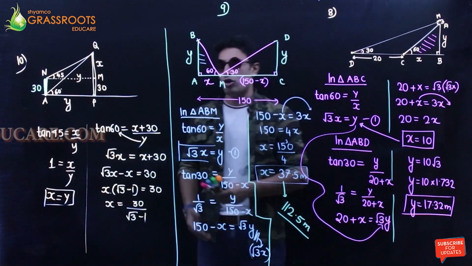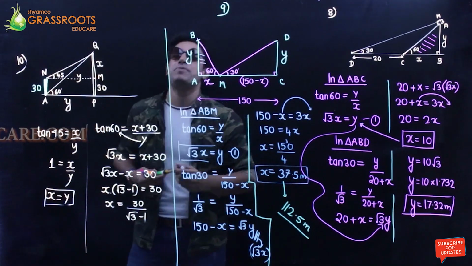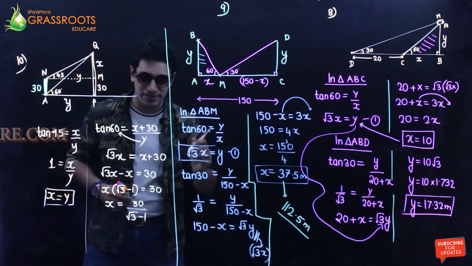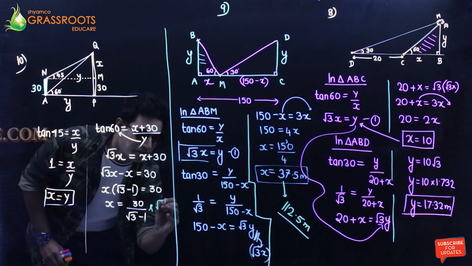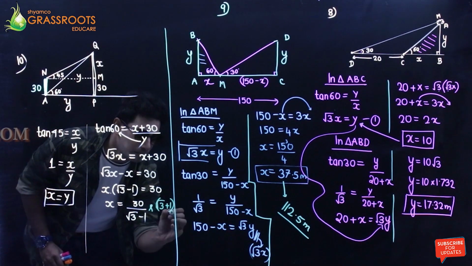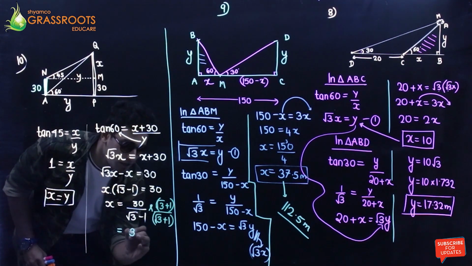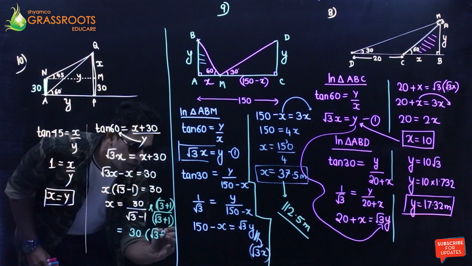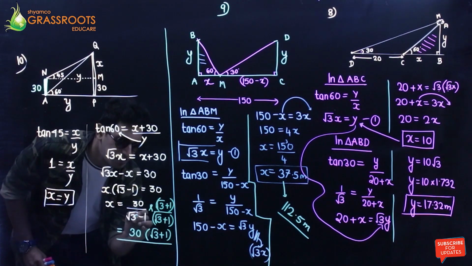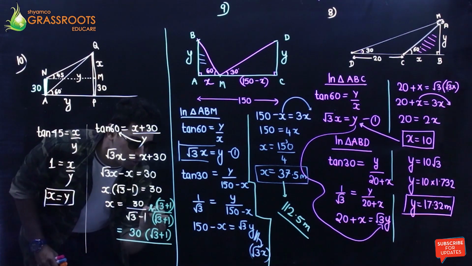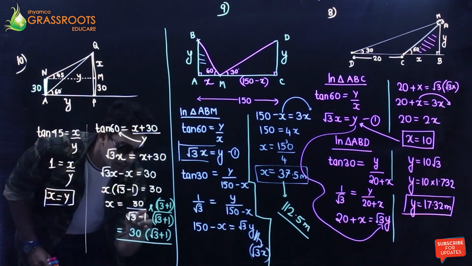When the root is in the denominator, please rationalize. Multiply and divide by root 3 plus 1. So the numerator becomes 30 into root 3 plus 1. Denominator a minus b into a plus b, it is a square minus b square.